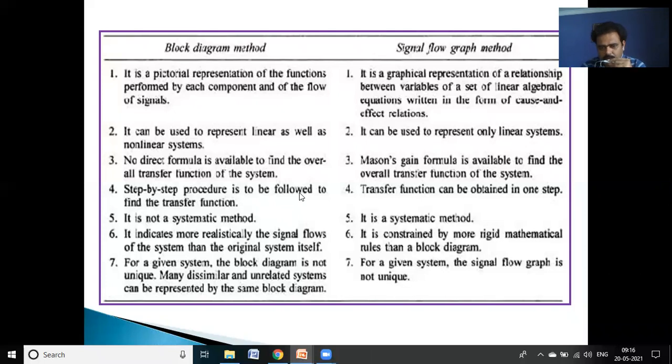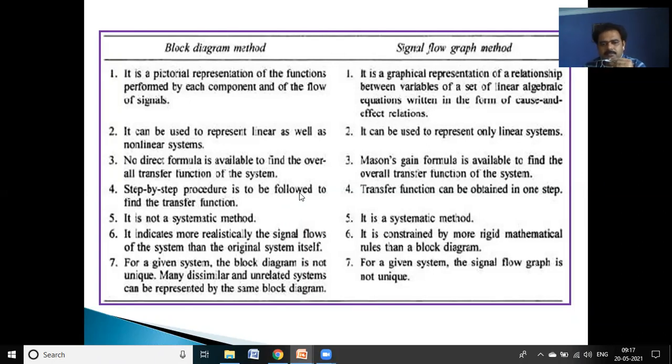So I can represent the field winding and armature winding combinedly; we can frame a single block. Another person shows the field winding separately as a single block and the armature winding with another block.